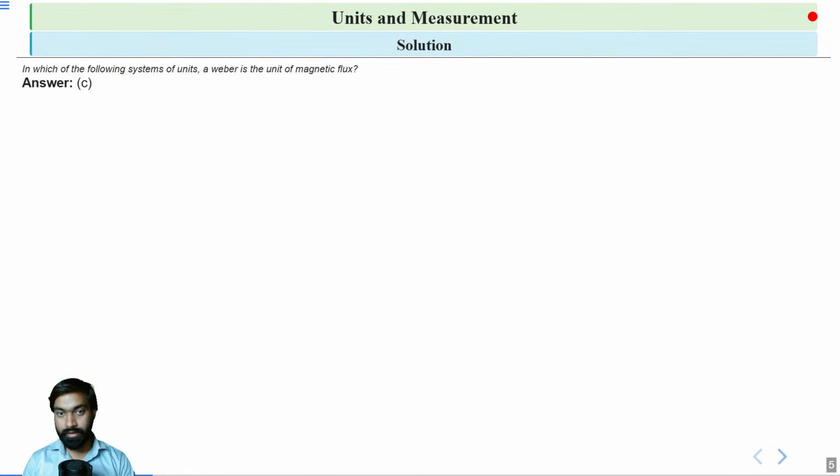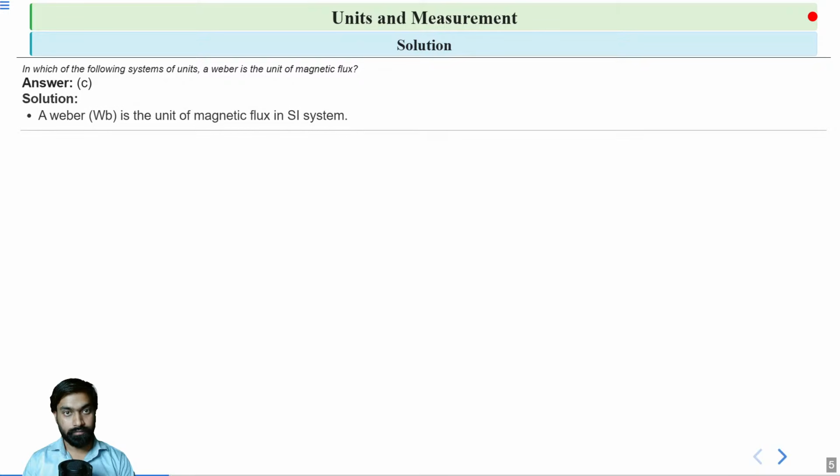So, correct option is C. Weber is a unit of magnetic flux in SI system. If we talk about the symbol, we write capital W and small b.